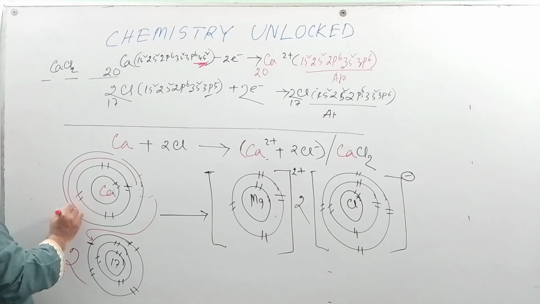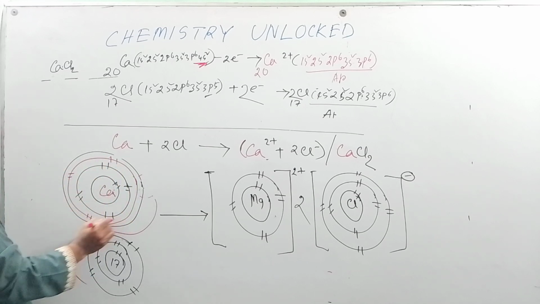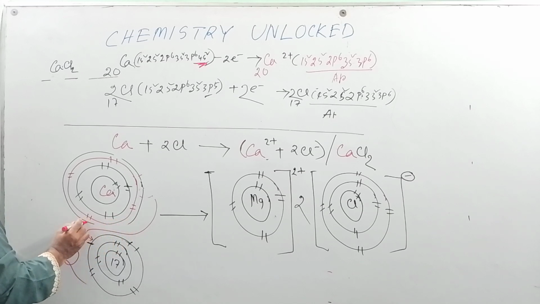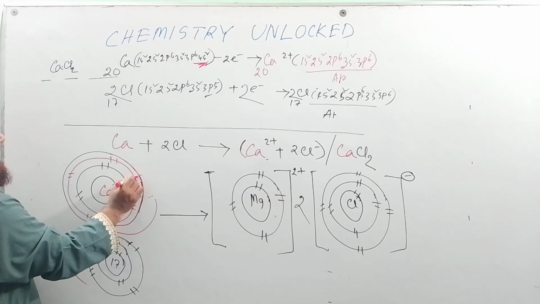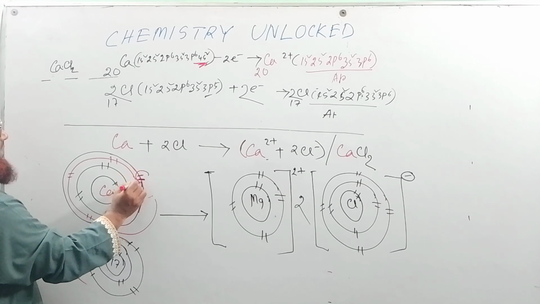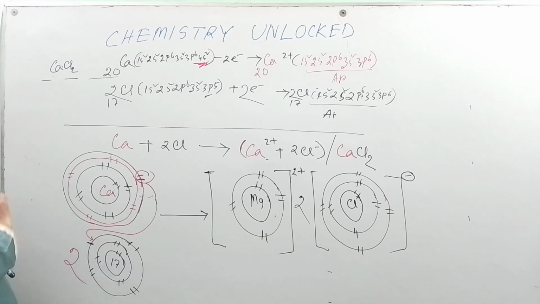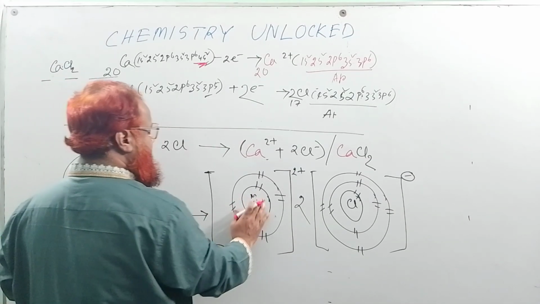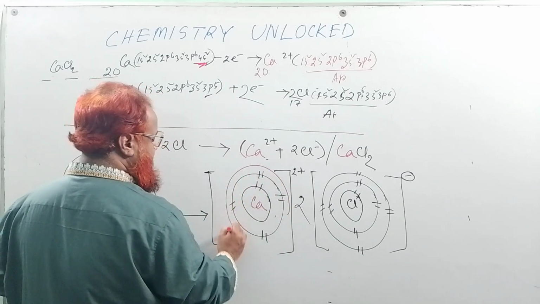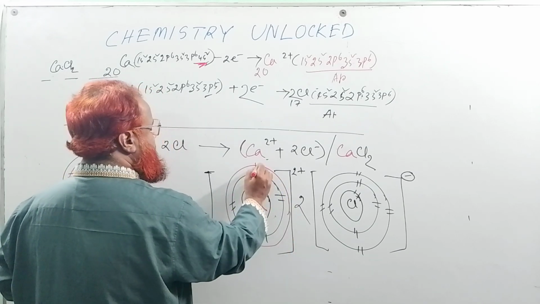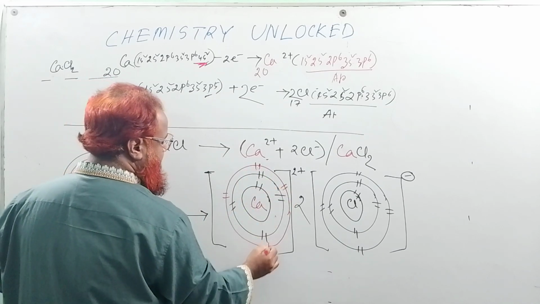like this. This is third orbit. 1, 2, 3, 4, and this is the last orbit. This is the last orbit having 2 electrons, that is the 4th orbit, and that is donated to the 2 chlorine atoms, and we will get here calcium cation, and here the last orbit, 3rd, 2, 4, 6, and then 8.